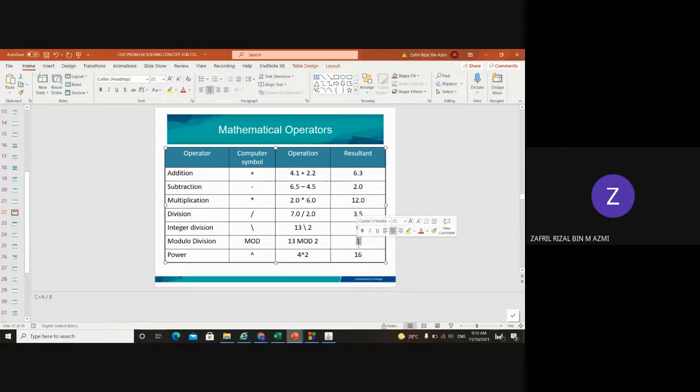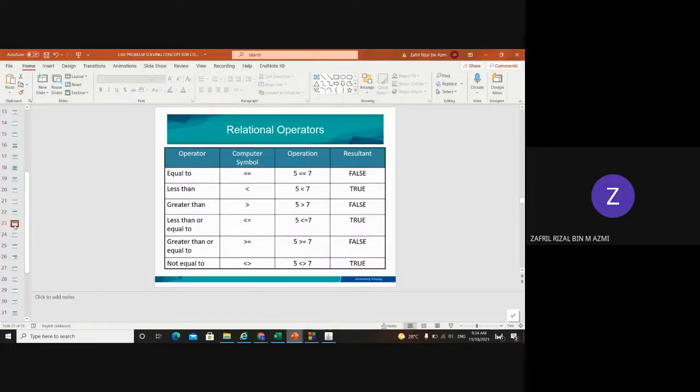So the output that you get if you use mod is 1. Okay, power. For 2 to the power of 4 you will get 16. We use this. Alright, so this is a mathematical operator.